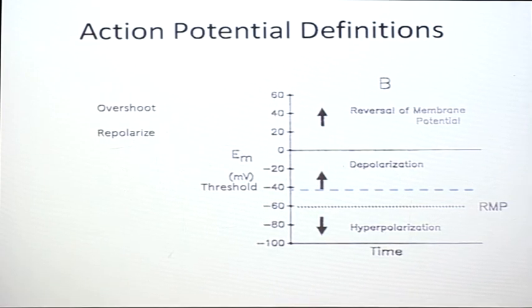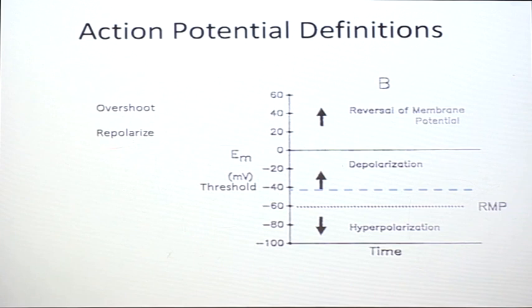Okay, so this is the resting membrane potential. When we start to go up, it's called depolarize. Depolarize is when we start going up from the resting membrane potential. And then you saw that it kind of turned over and came back down. When it turns over and comes back down, then we call it repolarize.